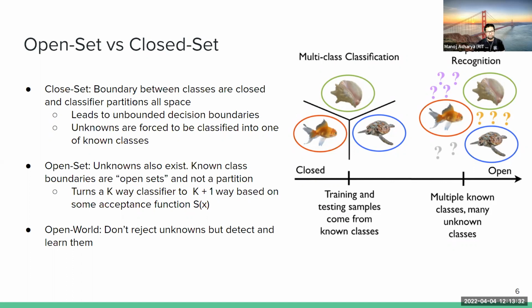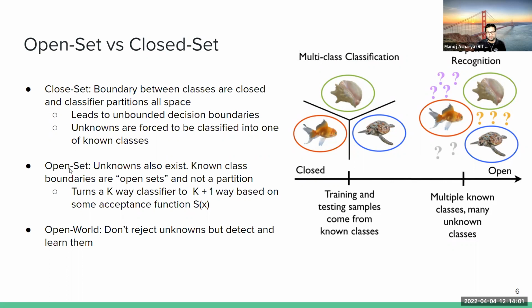And the assumption here is that all the space is equally partitioned between the three categories. What that leads to is unbounded decision boundaries, meaning if there is any unknown, it is forced to be mapped into one of these three partitions. So that's the closed set assumption.